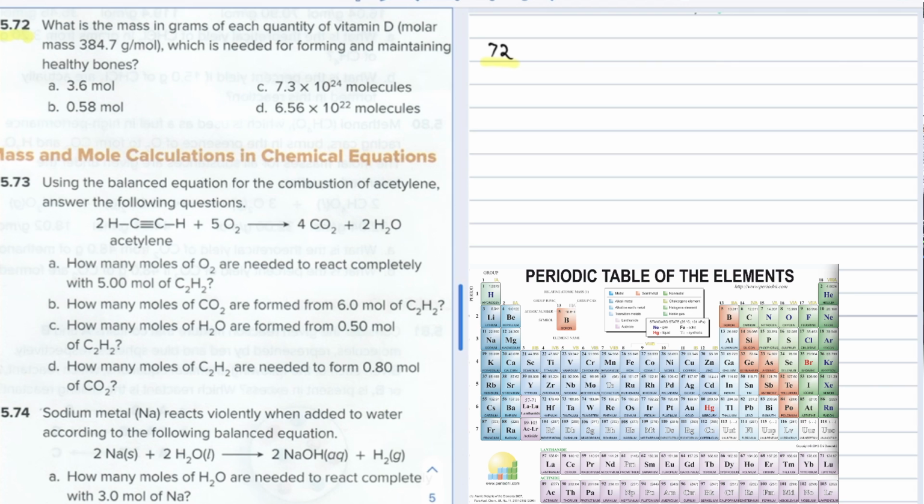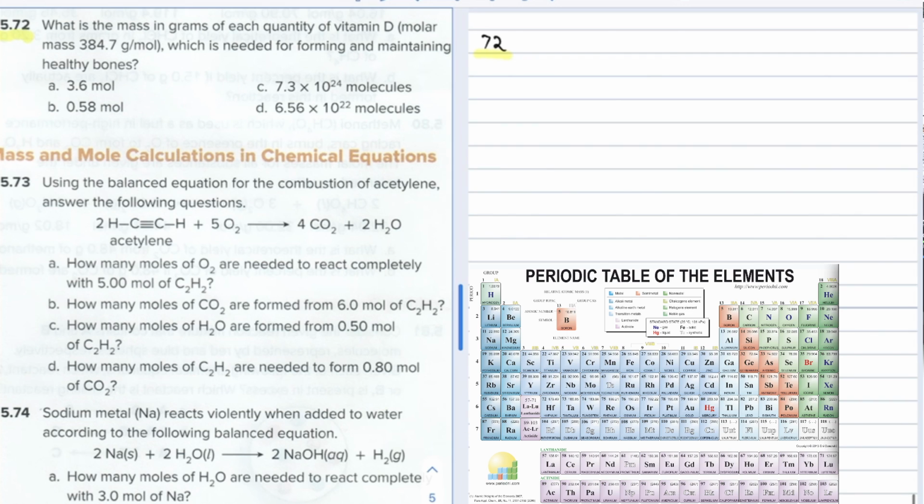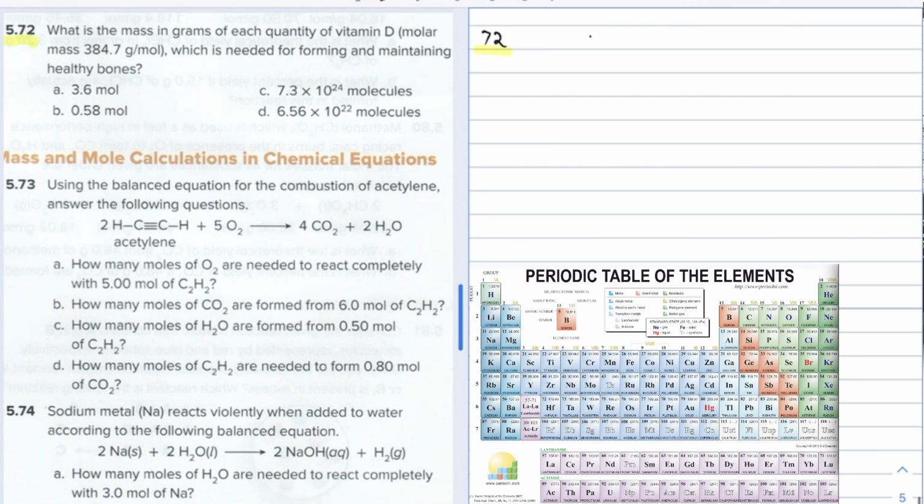So how many grams is 0.58 moles? Now, using the molar mass, we know that it's 384.7 grams per mole, and that means that 1 mole of vitamin D is the same thing as 384.7 grams.